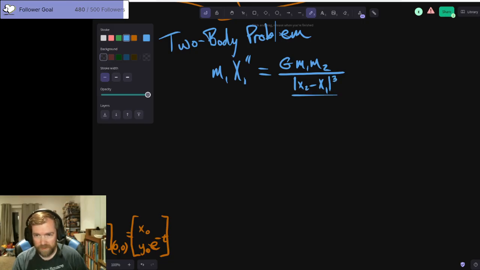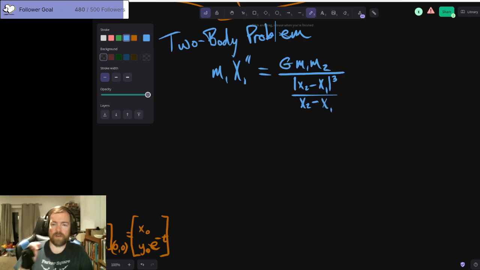So in this particular case, they did want to preserve the sign of the interactions that are going on. So they said, okay, let's take the distance between these two things, and instead of just squaring it, we're going to take the absolute value of the cube of this thing and then multiply by one of them, x2 minus x1, which will also then alter the sign.